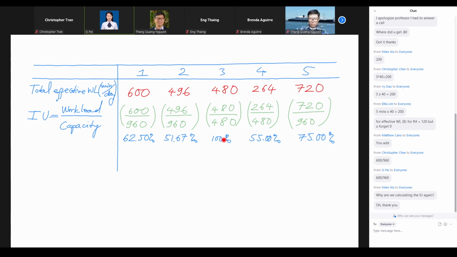Can I understand it this way? This IU here probably is the real utilization. It's not exactly IU, it's like U. You're right. IU is just telling us the demand pressure, right? So that's why we take the workload divided by the capacity. Earlier it is not exactly U yet. Let me go back here.